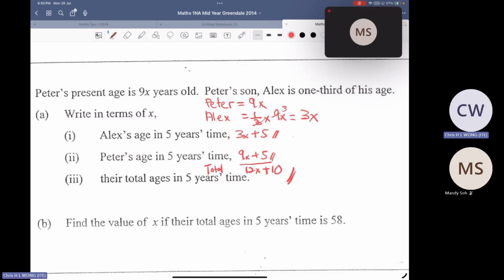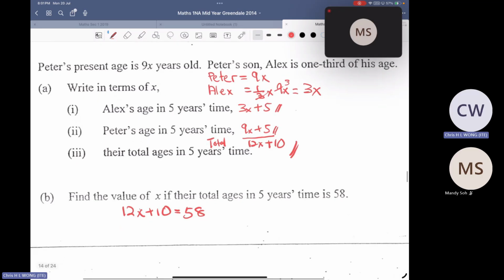What is the total age? Give me the total age. Yeah, but form the equation for me. Find x. Yes. The total age is actually 12x plus 10, right? And they already tell you 5 years' time is 58. Both are 5 years' time. Solve x. Algebra equation, isn't it?